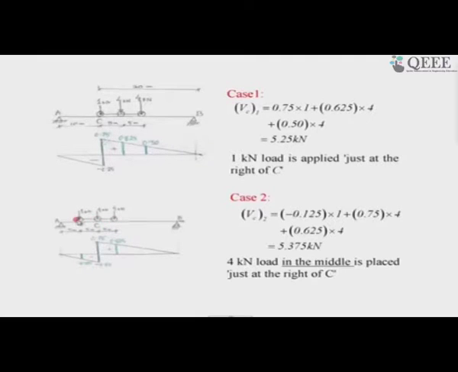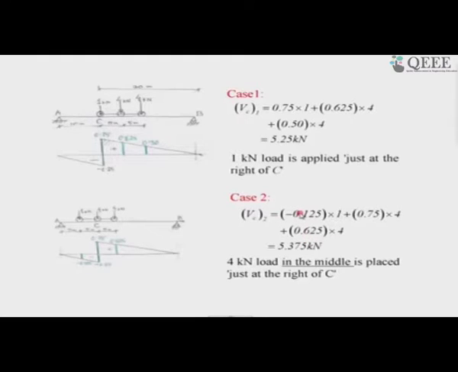And the 1 kilonewton load, which was initially just right at C, has crossed C, and moved 5 meters plus something very small, so I have put it at 5 meters. So 1 kilonewton is at 5 meters, and 4 kilonewton is at the top where the ordinate is maximum for the positive shear, and another 4 kilonewton where the ordinate is improved from 0.5 to 0.65. Here is the calculation.